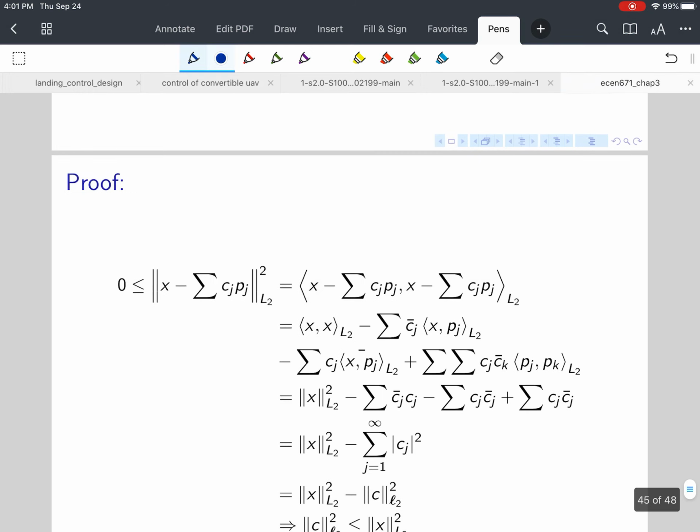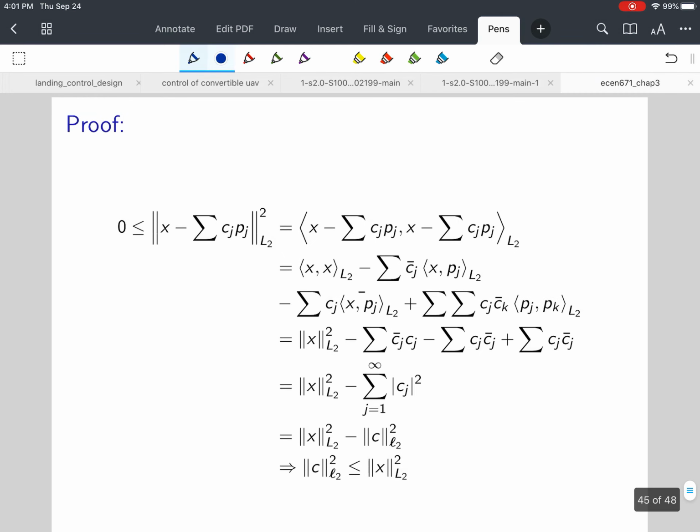To prove this inequality, we first look at x and subtract from x the approximation of x, the sum of cj's with pj's. x is a function of t, pj's are functions of t, so this whole thing is a function.